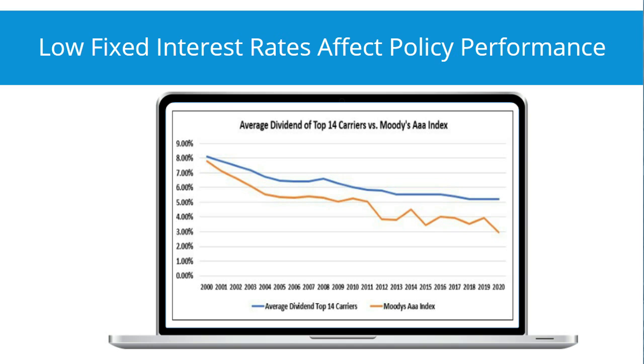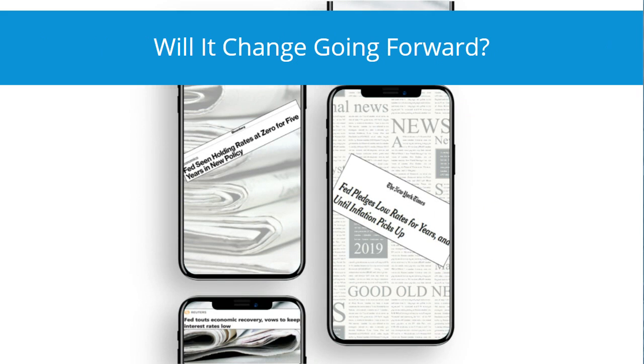The chart on your screen tracks whole life dividends against the Moody's index, which currently stands at or near its lowest point ever. And the spread between the index and dividend rates now is wider than it's been at almost any point in history. And that begs the question, what about the future?